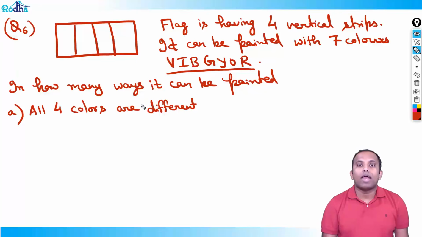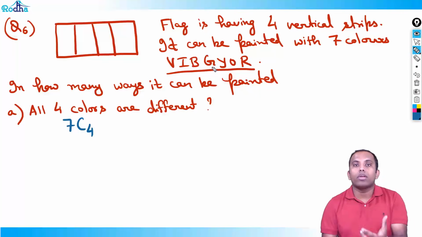So we have 7 colors here, Vibgyor. In how many ways can it be painted such that all 4 colors on these stripes are different? If all these 4 colors are different, that means out of the 7 colors, I can make how many groups of 4 colors? I can make 7 C4 groups, for every 4 colors.